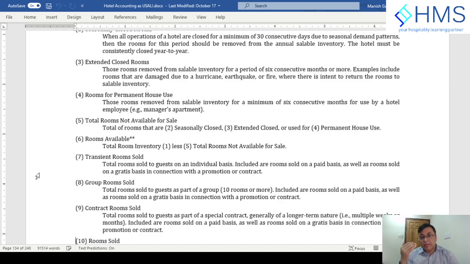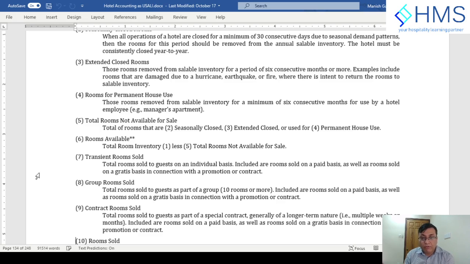Sometimes you may be doing a contract, let's say with a travel agent: if you send me 100 guests in a month, I will give you 2 nights for free. Those 2 nights which are given for free, whether to the same guest or to any other guest, will also be considered as paid room nights because it's part of the contract.